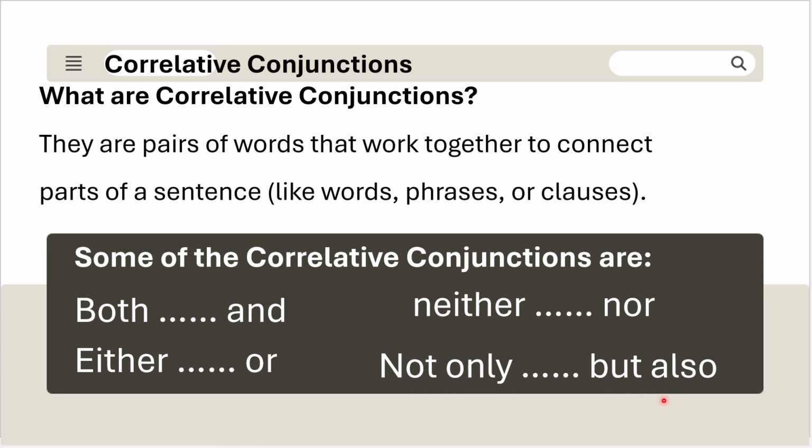Not only but also. So these are some of the correlative conjunctions which are going to be asked in your exam. There is a big list of correlative conjunctions, but we are focusing on these.